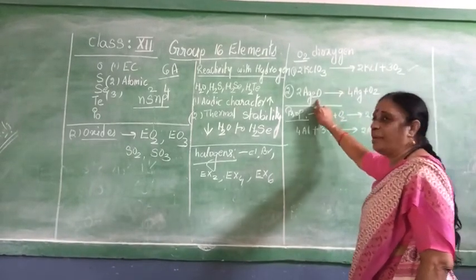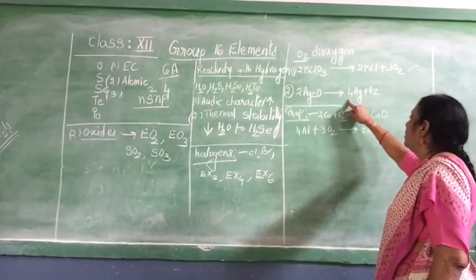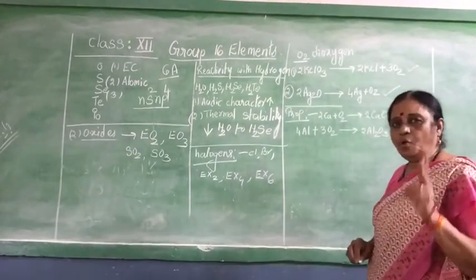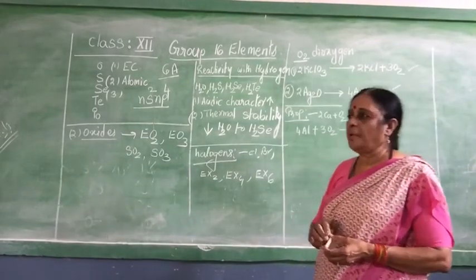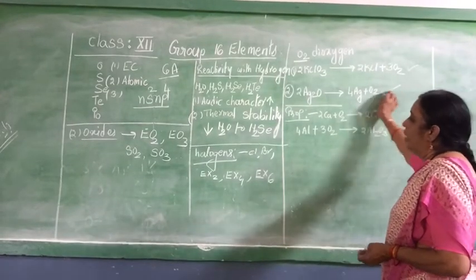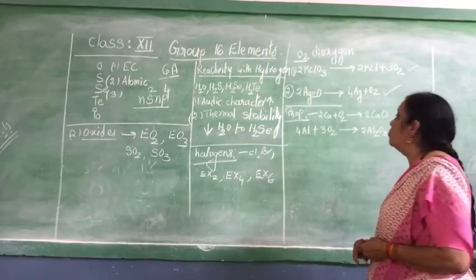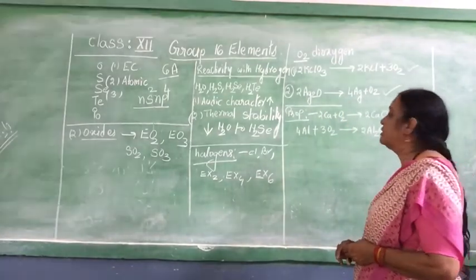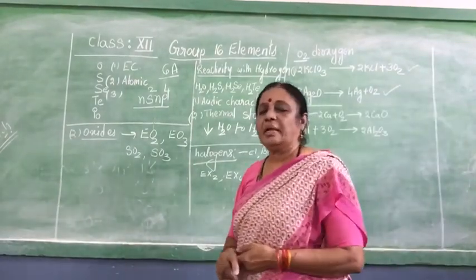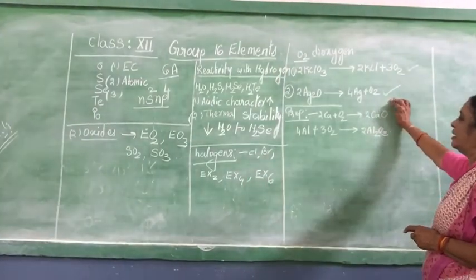We can also prepare it by heating silver oxide: 2 moles of silver oxide decompose to give 4 moles of Ag and 1 mole of O2.